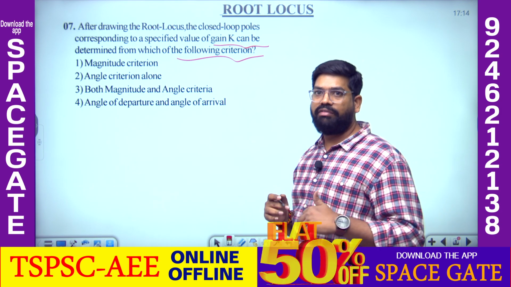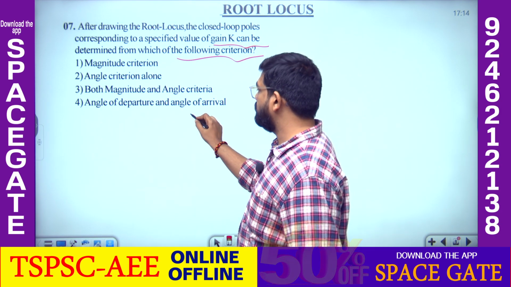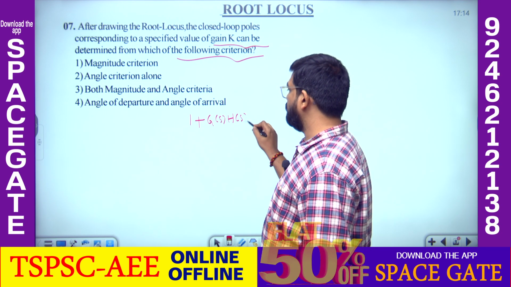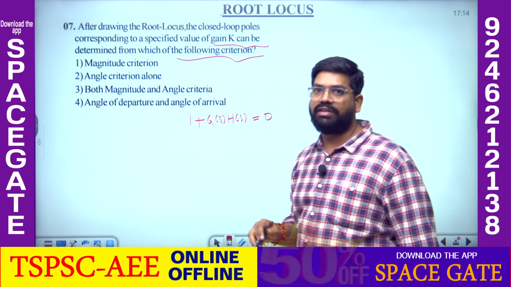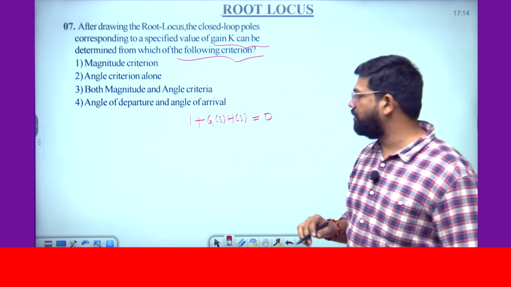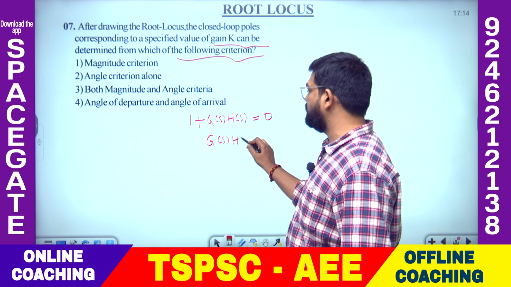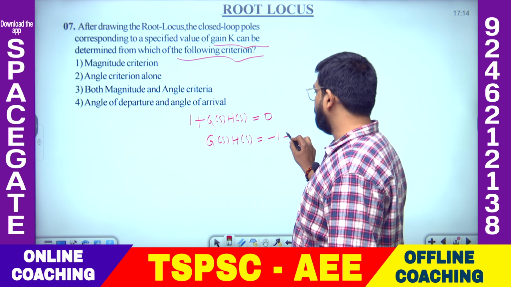Magnitude condition only we use. So what is 1 plus G(s)H(s) equal to 0? This is the characteristic equation for the negative feedback system. From here, G(s)H(s) is equal to -1 + j0.